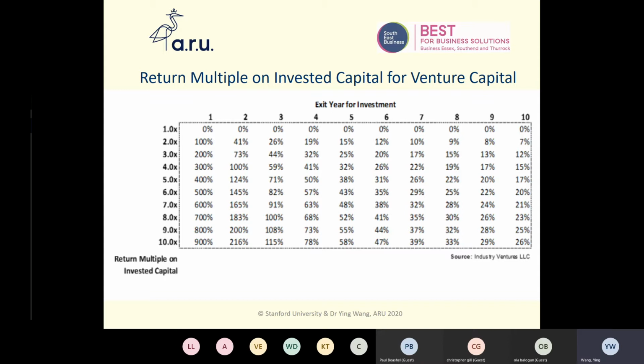In 2014, Alibaba went IPO, and that 20 million investment turned into $60 billion. So that's a good investment from SoftBank, of course.